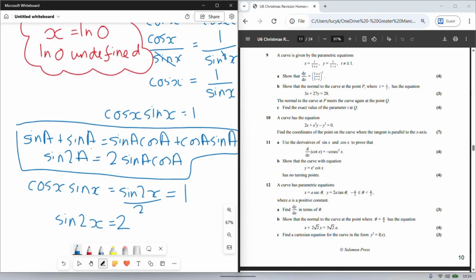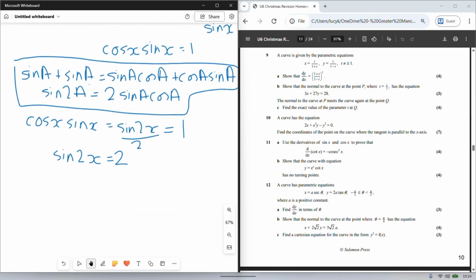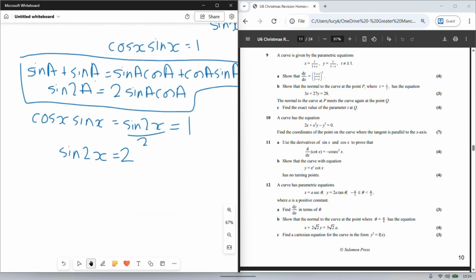Then we need to think about what sine 2x looks like. I know there's a 2 there, but sine has a max value of 1, doesn't it? If we think about what our sine graph looks like, with 2x it'd be squished, so you'd have two of them in 360, but its max value for y is minus 1 and 1. 2's not in the picture.